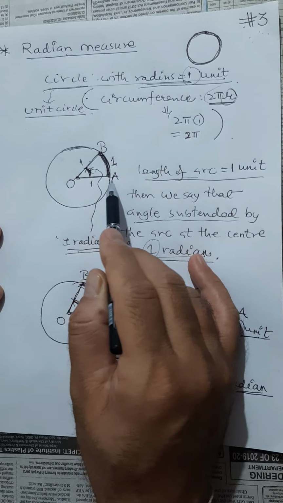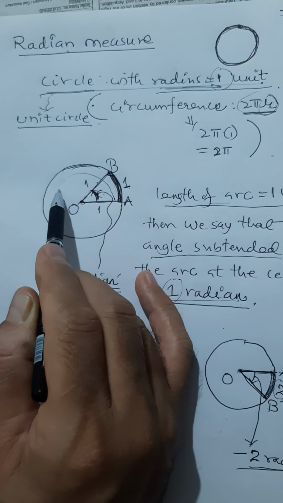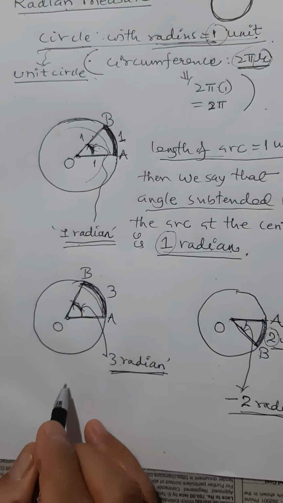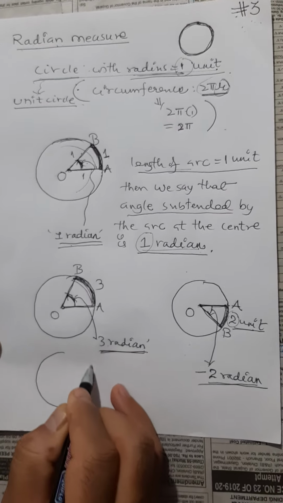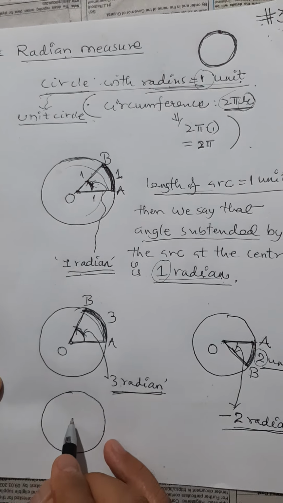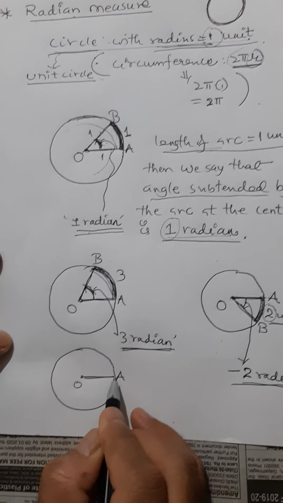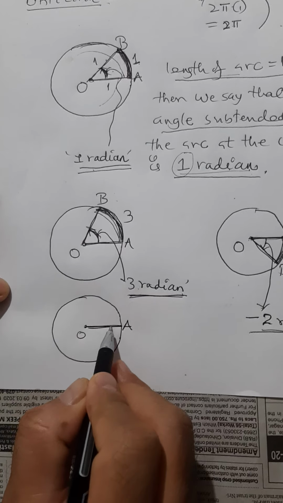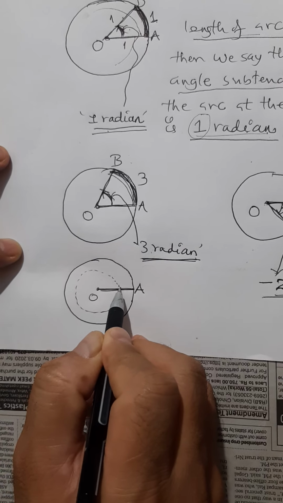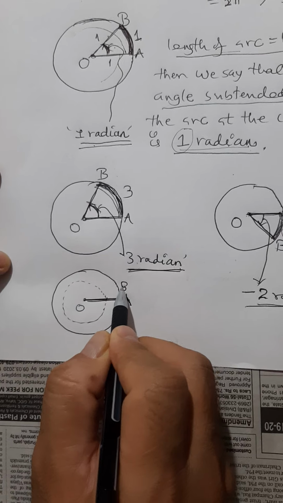Now obviously, if I start from here and take one complete rotation and come to this position finally, that's what I'm trying to show you now. If this is a unit circle, remember, unit circle means radius equals 1. This is the center, this is the initial position or initial ray. Now I take one complete revolution and this is the final position, again here B. This was the initial position, this is the final.